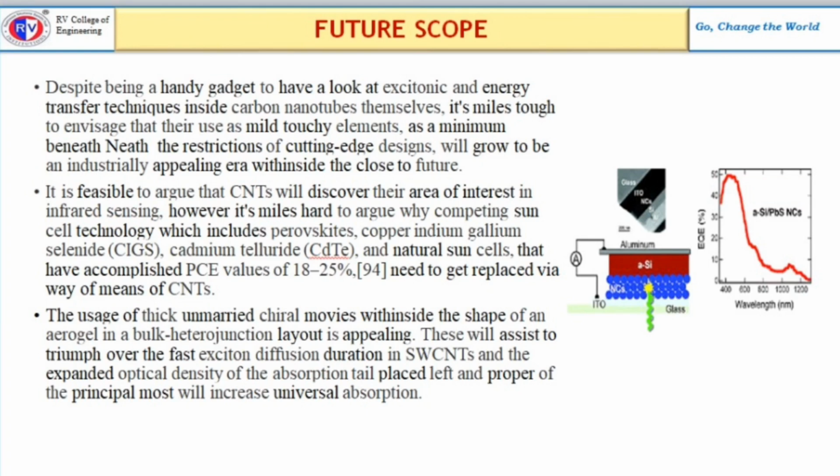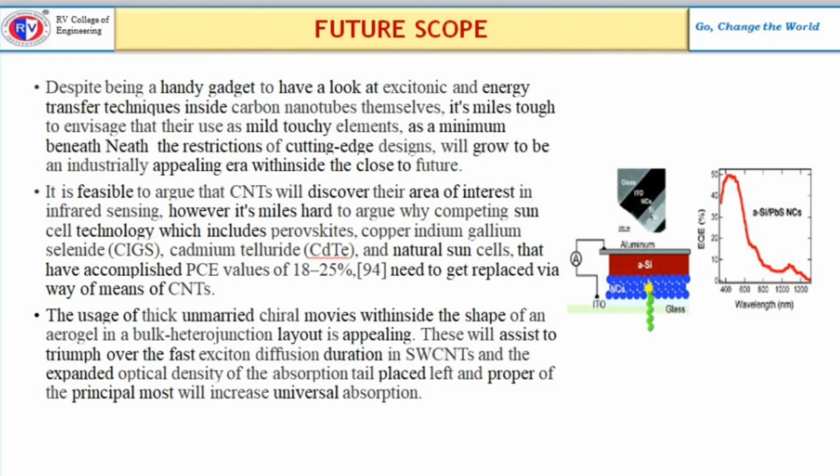However, it's somewhat hard to argue why competing solar cell technologies, which include perovskites, copper indium gallium selenides, cadmium telluride, and organic solar cells that have achieved PCE values of 18 to 25%, should get replaced by carbon nanotubes.